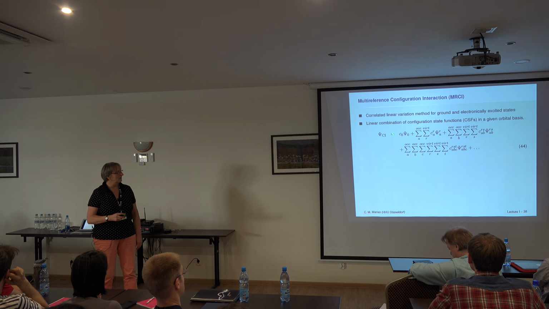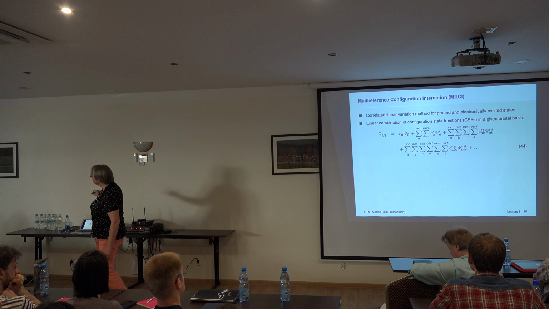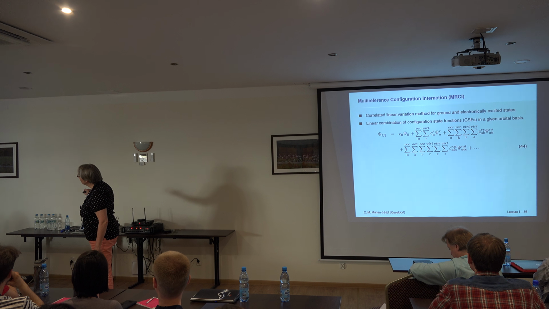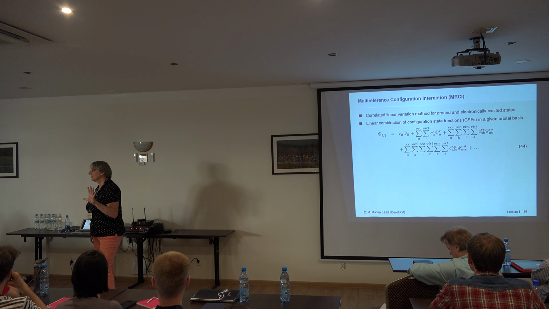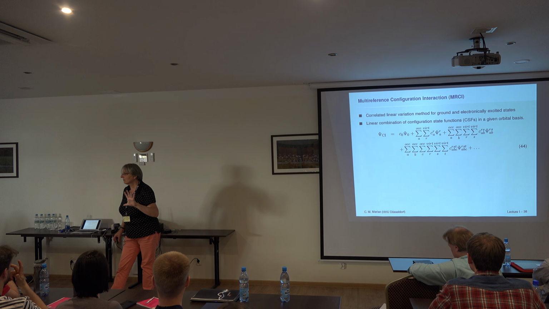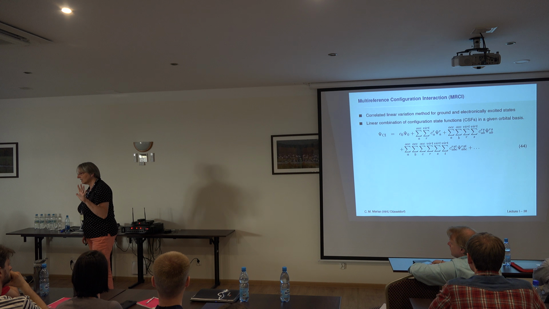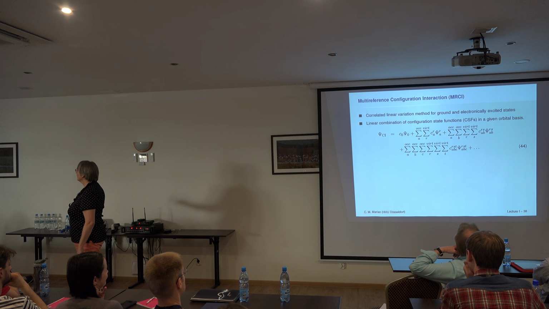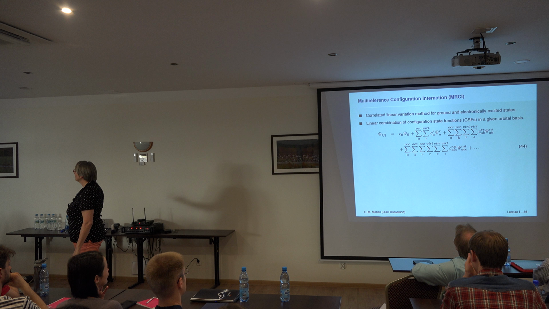So in this C0 here, you have the most important configurations that you need to describe your ground state and your excited states. And from there, you allow all single excitations, in this case from orbital A to R, double excitation from AB to RS, triple excitation, and so on.